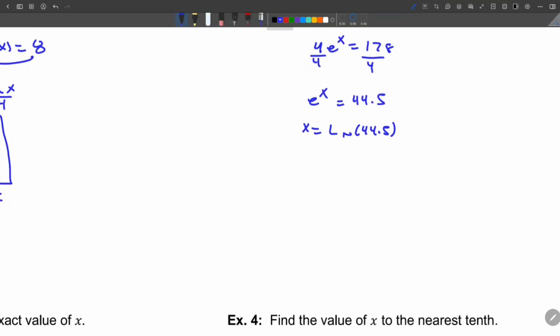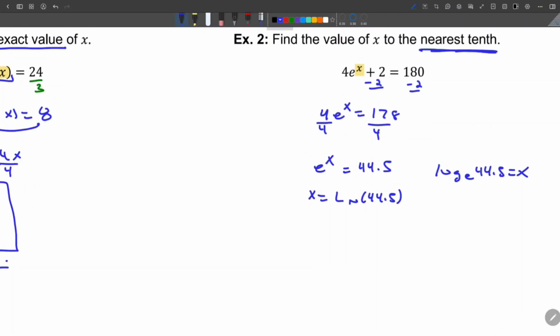So we're just going the other way, right? We start with that base. Remember, that would be log base e of 44.5 is equal to x, but we want to write it in that natural logarithmic form. At this point, we're just going to put this in our calculator and get an approximate answer, and we're going to round that correctly to the nearest 10th place.